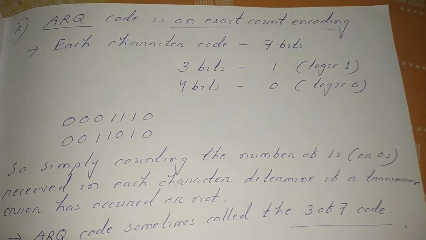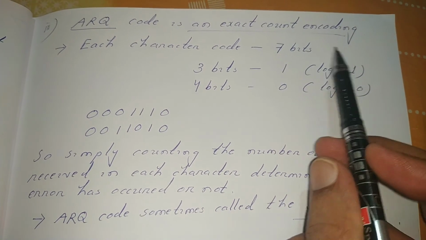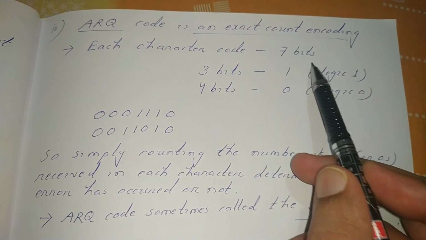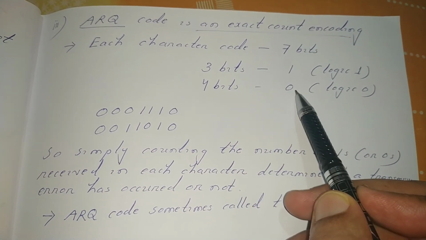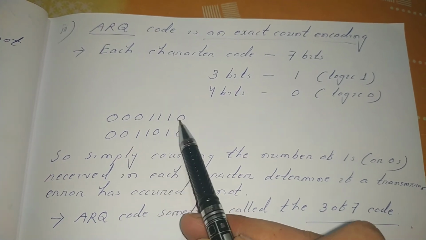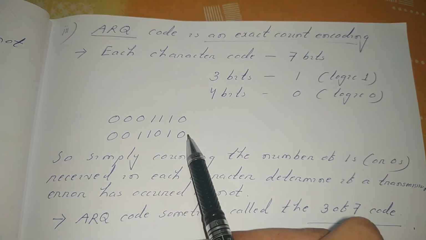Another exact count encoding technique is your ARQ code. In ARQ code, the character code contains 7 bits. Among the 7 bits, 3 bits are logic 1 and 4 bits are logic 0. And see here the example, 1, 2, 3, 3 ones are there and 4 zeros are there.